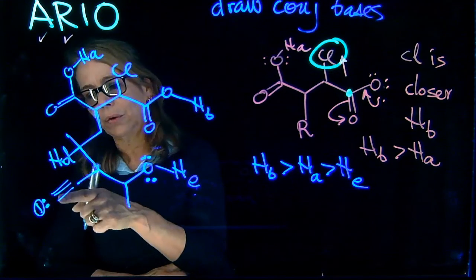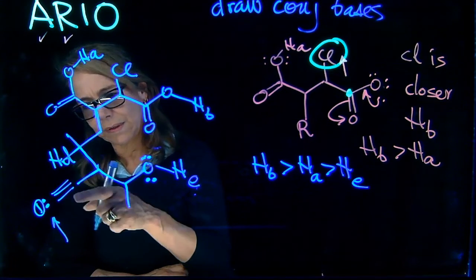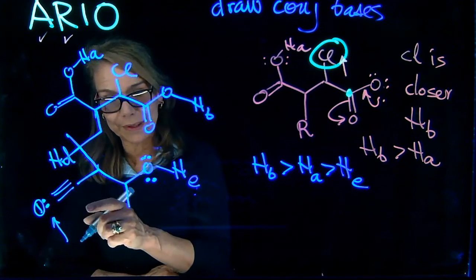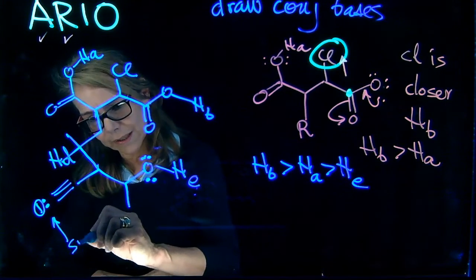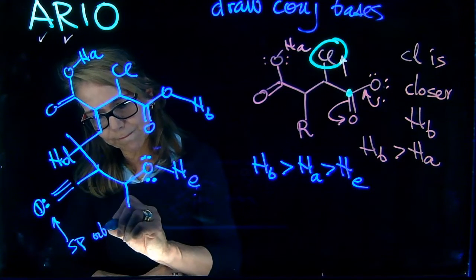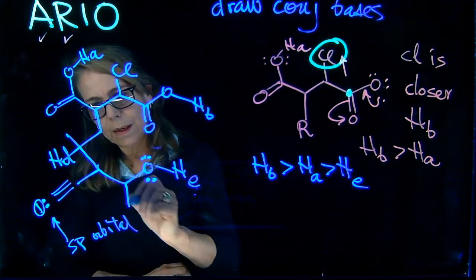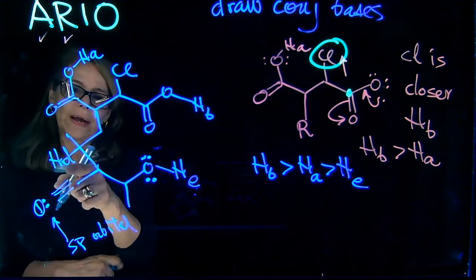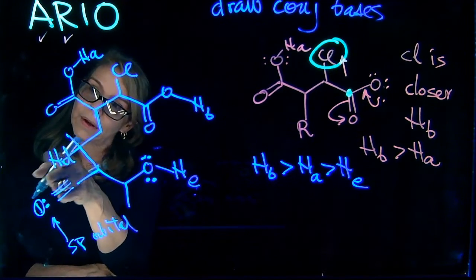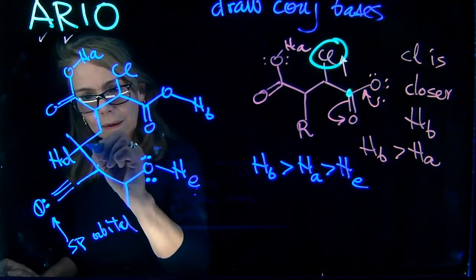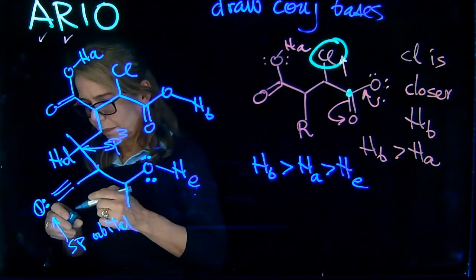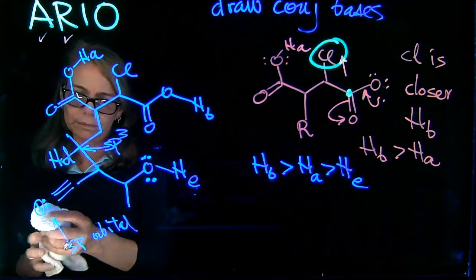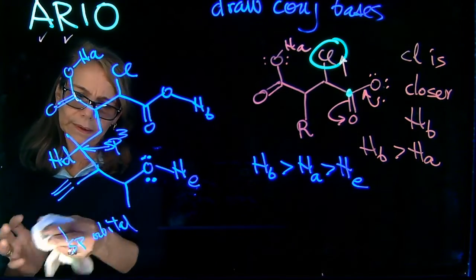Notice that here, the carbon is sp hybridized, so the pair of electrons are on an sp orbital. And if I remove the hydrogen here, the carbon is sp3 hybridized. So bottom line, and I put my hydrogen back.